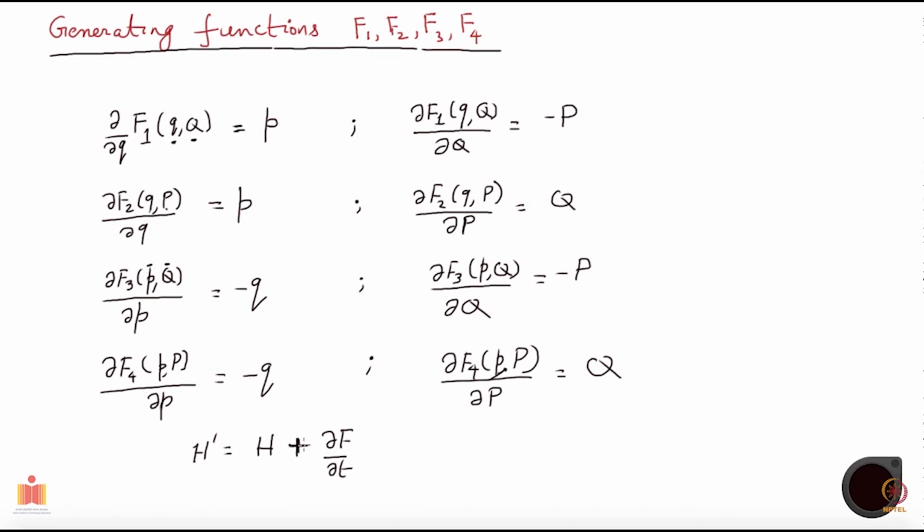Let's take up a few simple examples. First one here: if I take this as the generating function, where f1 is q times capital Q, how are the new and old coordinates related?